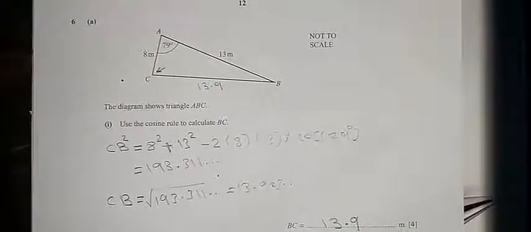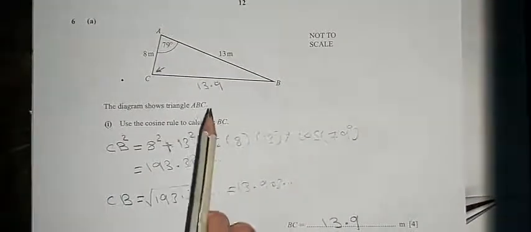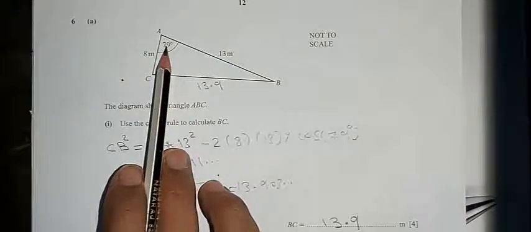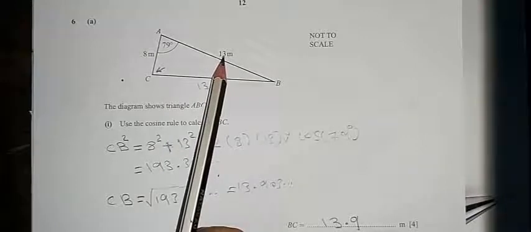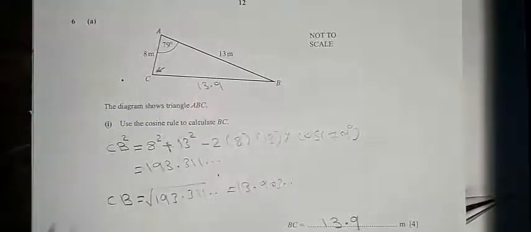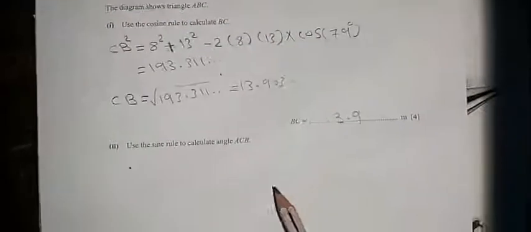Now the sine rule is the sine of the angle on the opposite side equals sine of the other angle over the opposite side. So we will use this angle here and its opposite side 13, and the angle 79 and its opposite side 13.9.